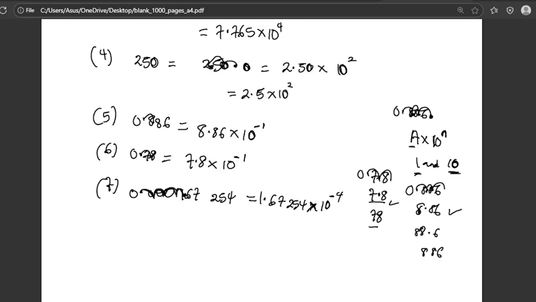Okay, let's see some questions whereby we either add or subtract numbers in standard form.